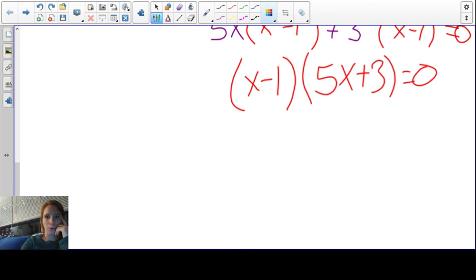So same idea, we're going to split each part, set it equal to 0. So I have x minus 1 equals 0, and 5x plus 3 equals 0.